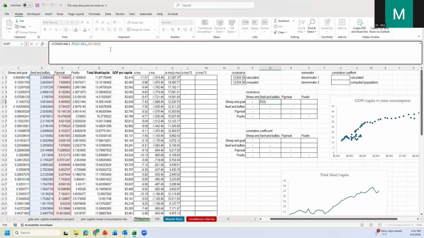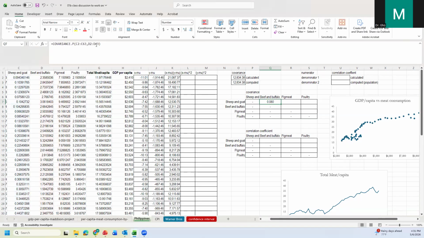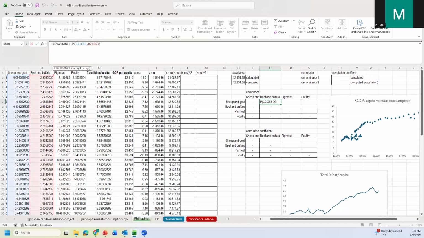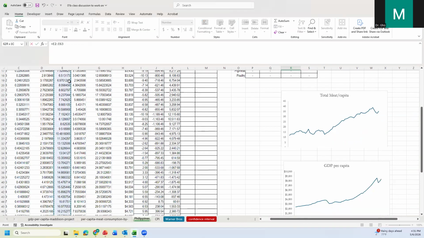Oh, I did it. I'm one off. Beef and buffalo, sheep and goat. Let's make this C. There we go. Oh, that's almost 0. So it's not going to matter very much. I'm just going to anchor these right here. I can copy these over. Pork, that's more, but these numbers aren't really scaled, so it's kind of hard to tell what exactly they mean.